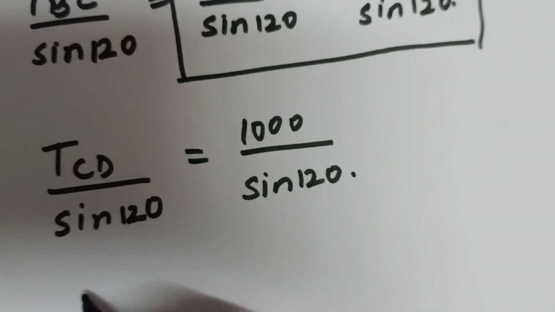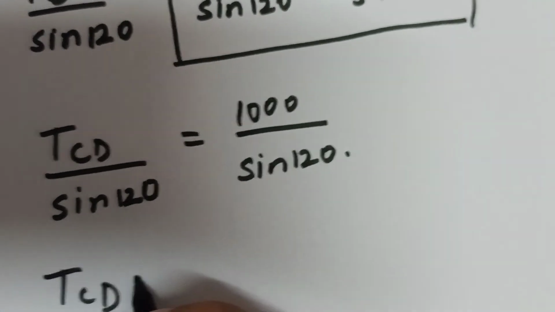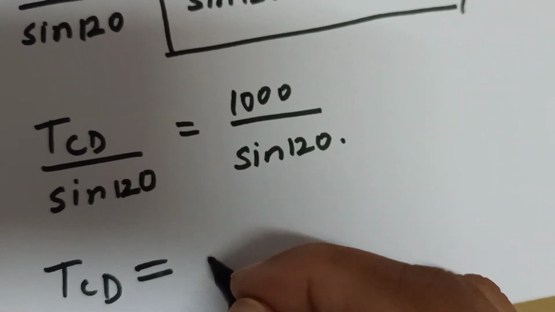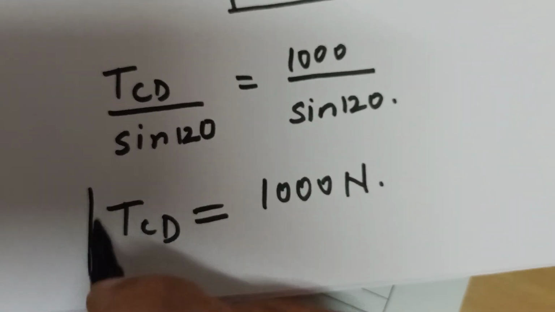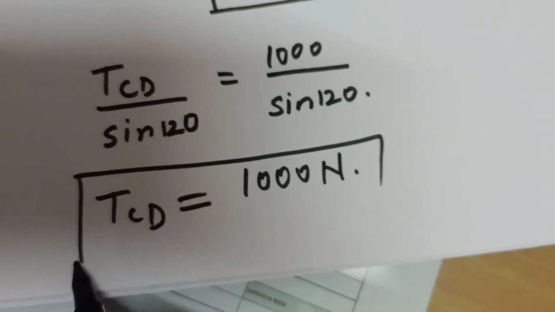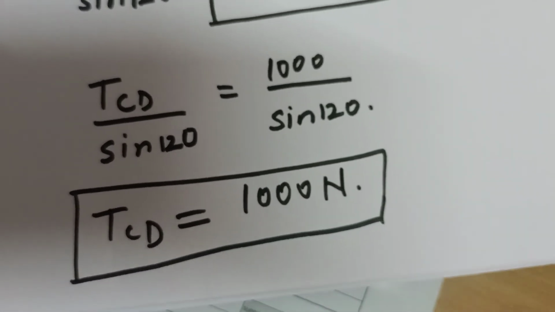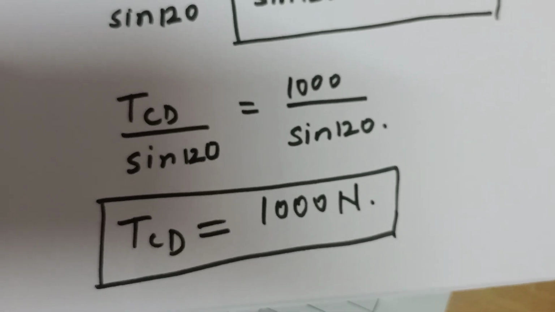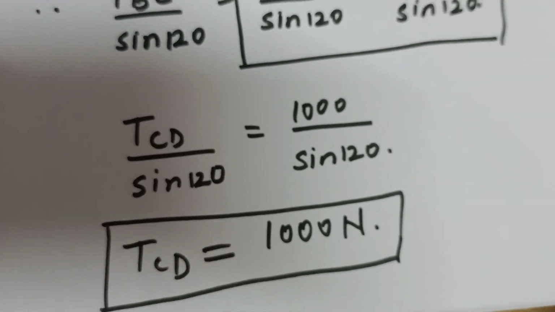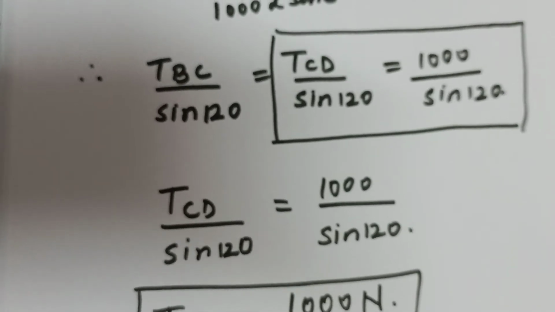So we get the answer as TCD is equal to 1000 newtons. So we get our two forces in the string, BC and CD, as 1000 newtons.